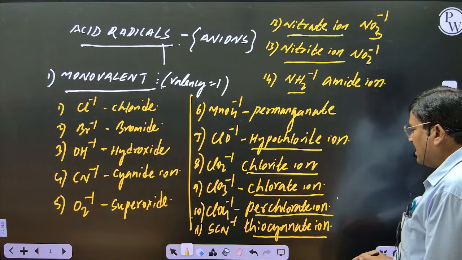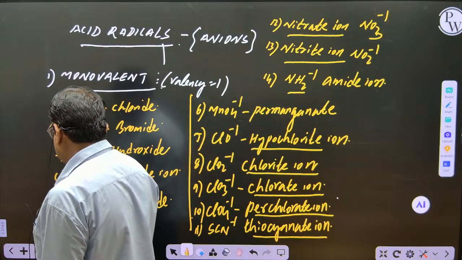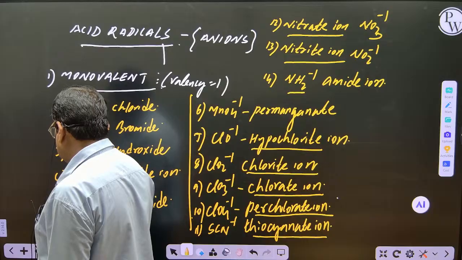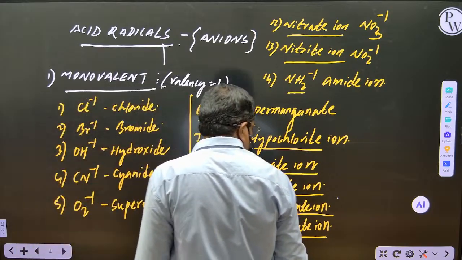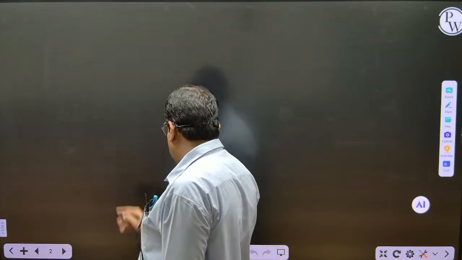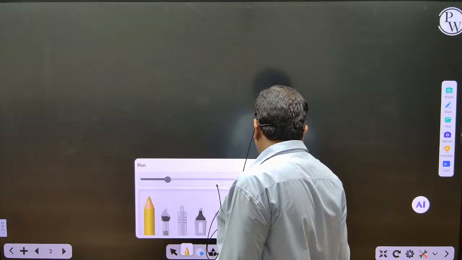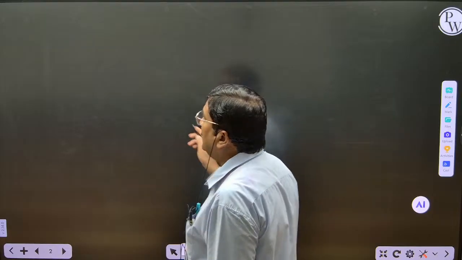Right, next, bivalent ion. What is meant by bivalent, students? Bivalent means 2.